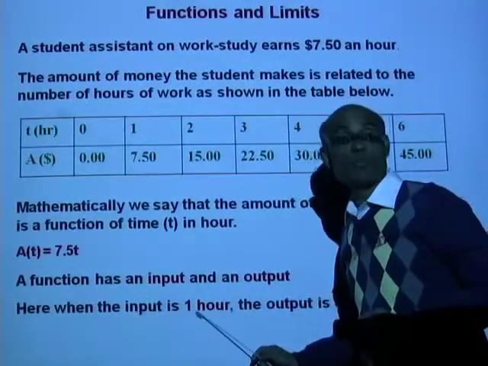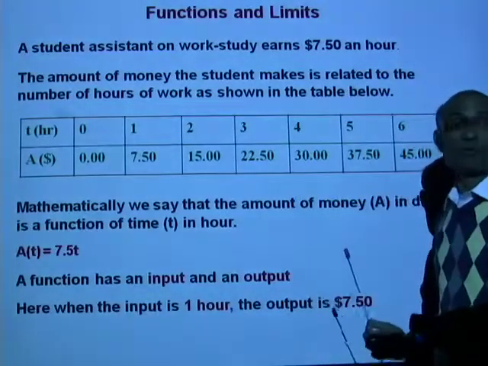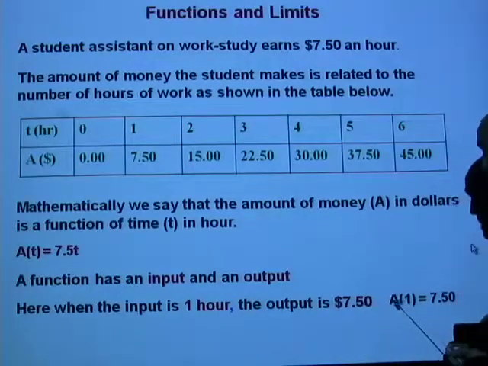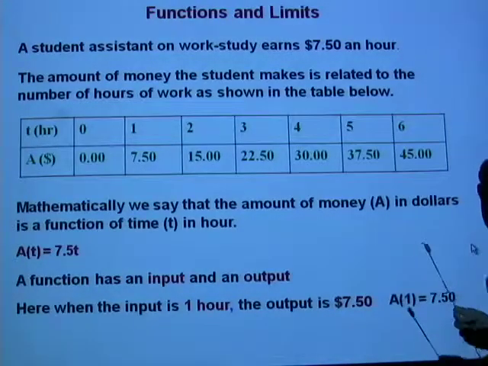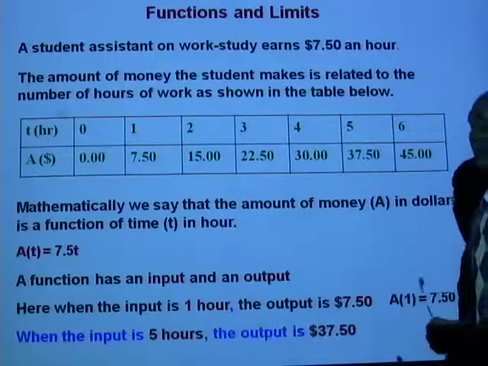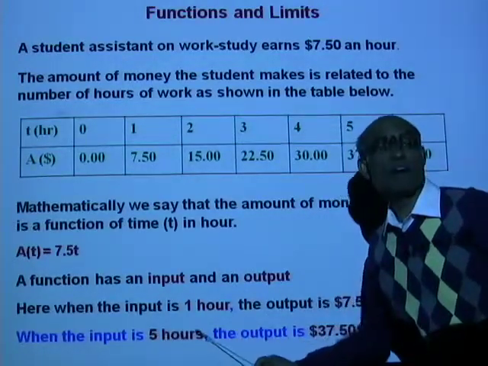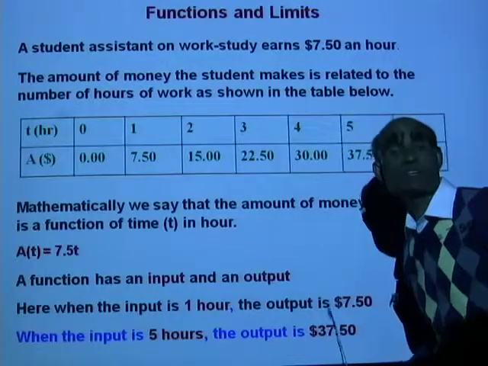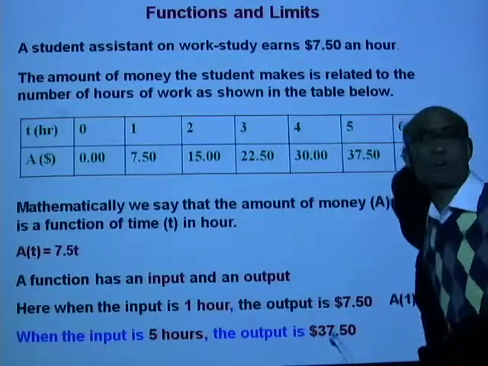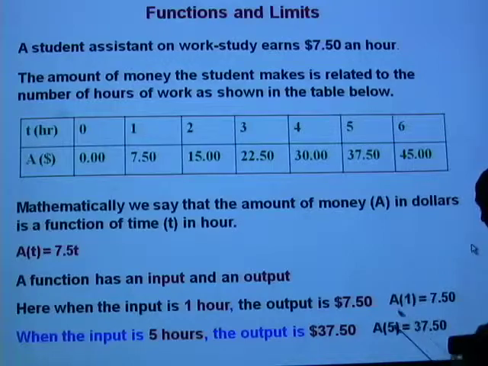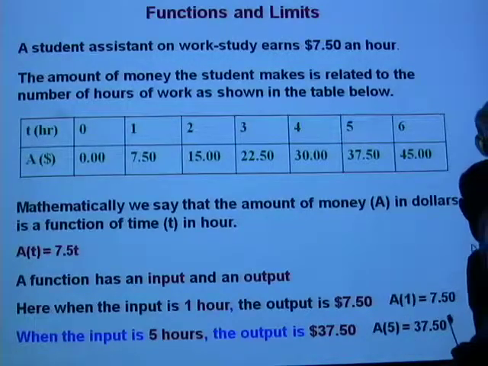When the input is 1 hour, the output is $7.50, and we say A(1) equals 7.5. Similarly, when the input is 5 hours, the output is $37.5, or A(5) equals 37.5.